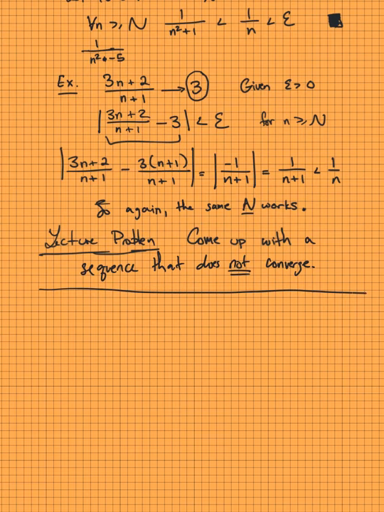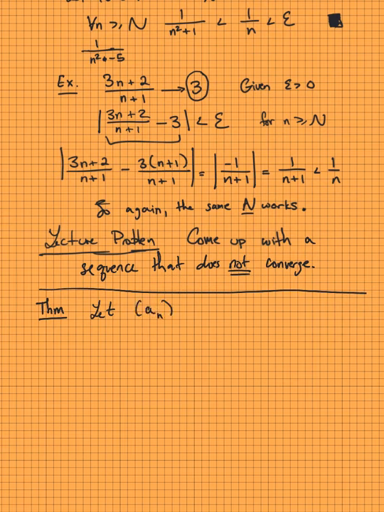Okay, so I want to now start putting these last couple of examples in a more general framework. Okay, so here is the general idea for showing something converges using these comparison theorems.